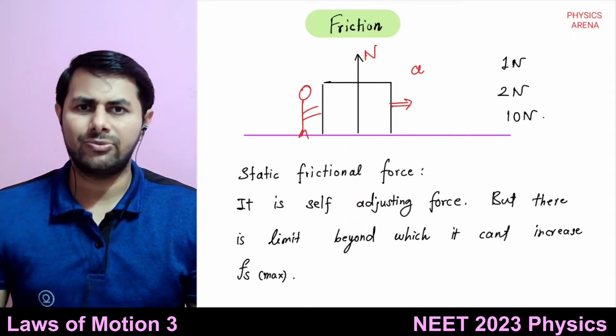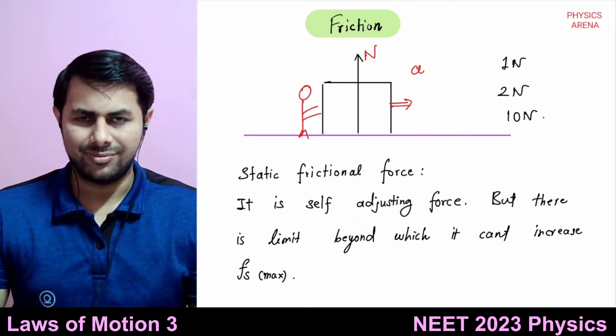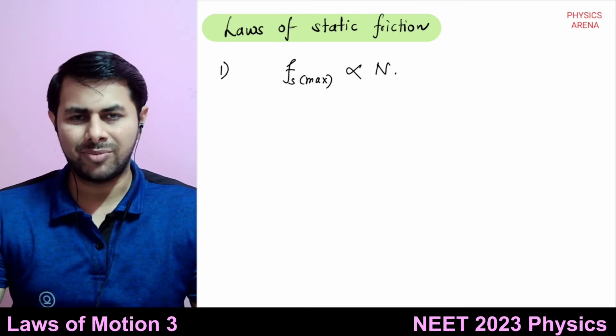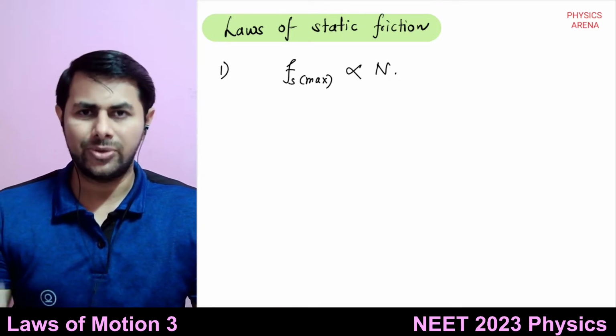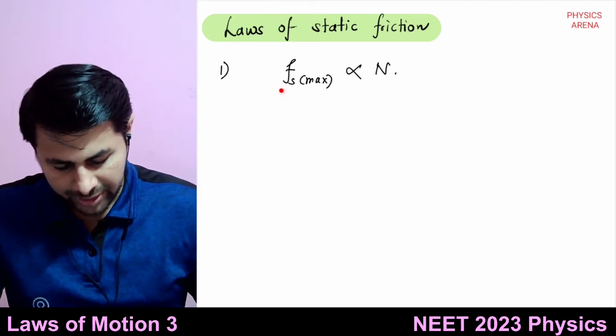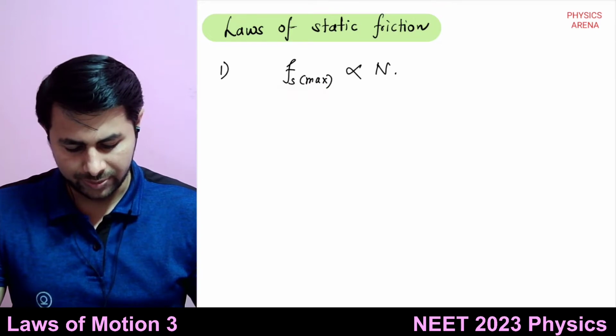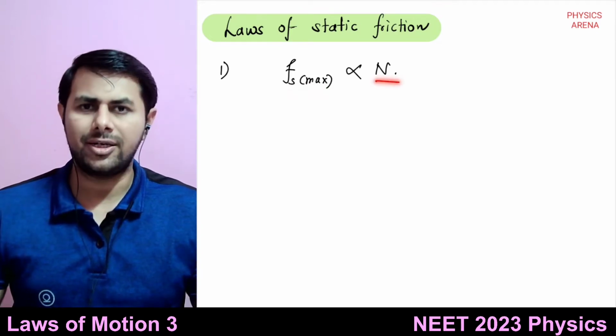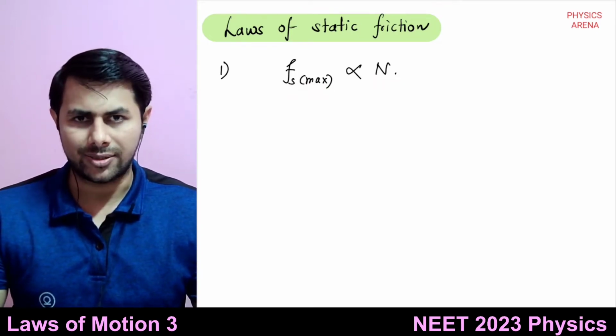In other cases, we'll need to find it out. So what is normal reaction? It is the force exerted by the surface which is perpendicular to the surface. So the limiting value or the maximum value of static frictional force is directly proportional to the normal reaction.